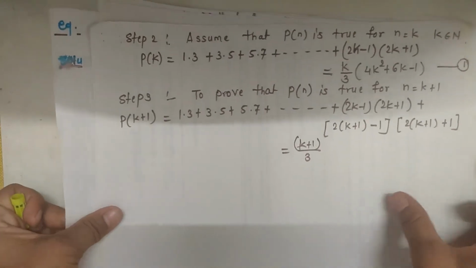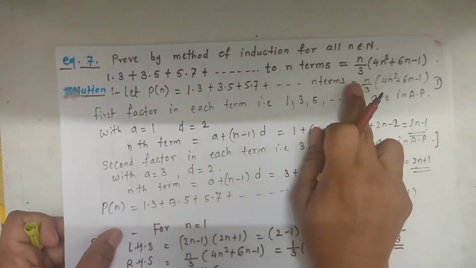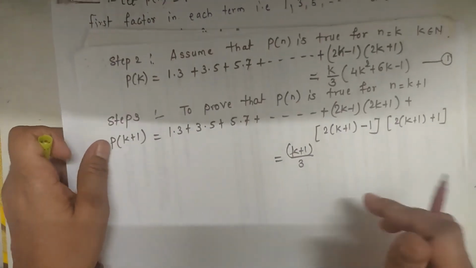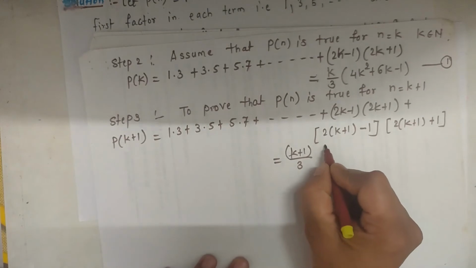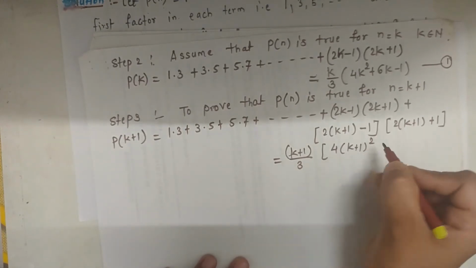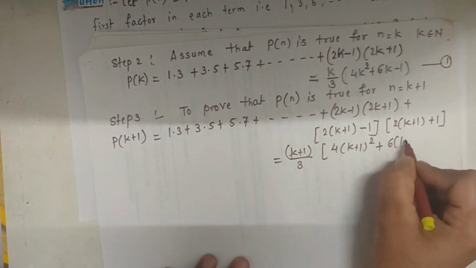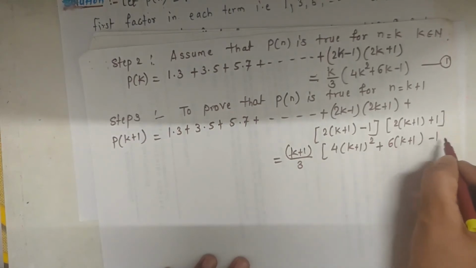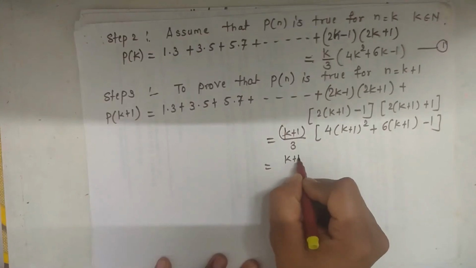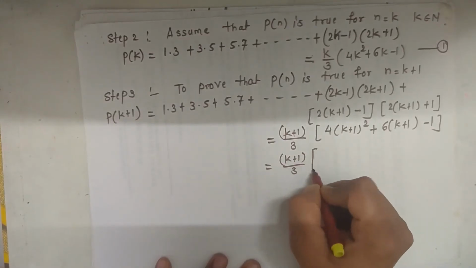Here the RHS of the given statement is n by 3. So put n is equal to k plus 1 by 3 into 4 into k plus 1 bracket square plus 6 into k plus 1 minus 1. Again simplifying this RHS, k plus 1 by 3.